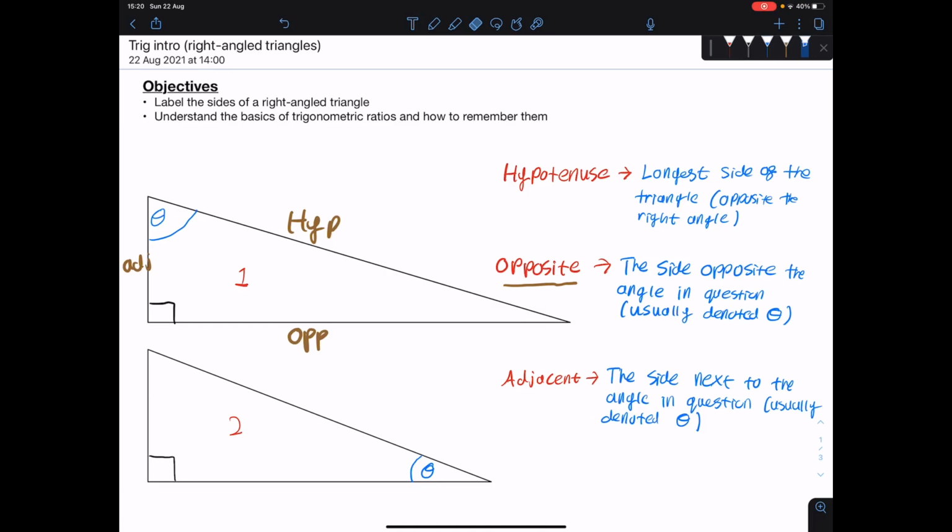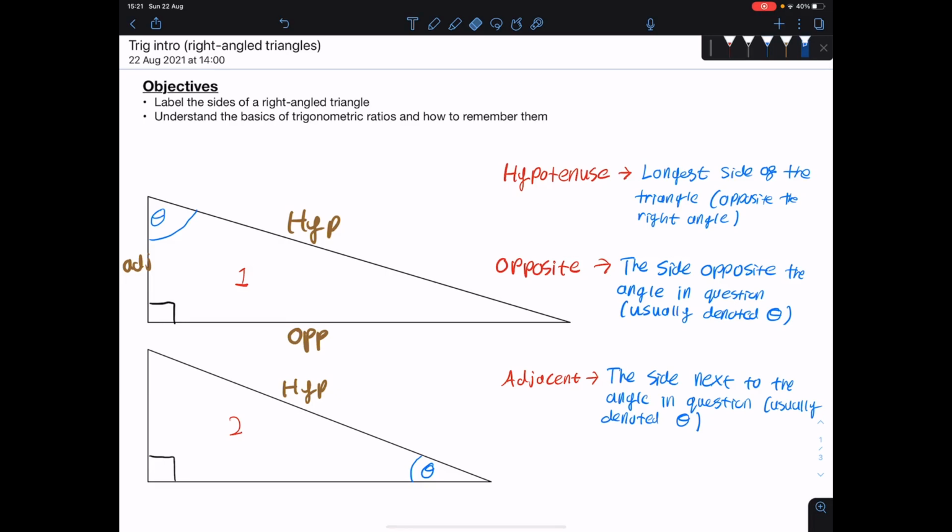Okay, so let's now label triangle 2. Again, the hypotenuse is just the longest side of the triangle, which is opposite the right angle, so the hypotenuse will be in the same place. The hypotenuse is in the same place in every triangle, irrespective of what angle we are talking about.